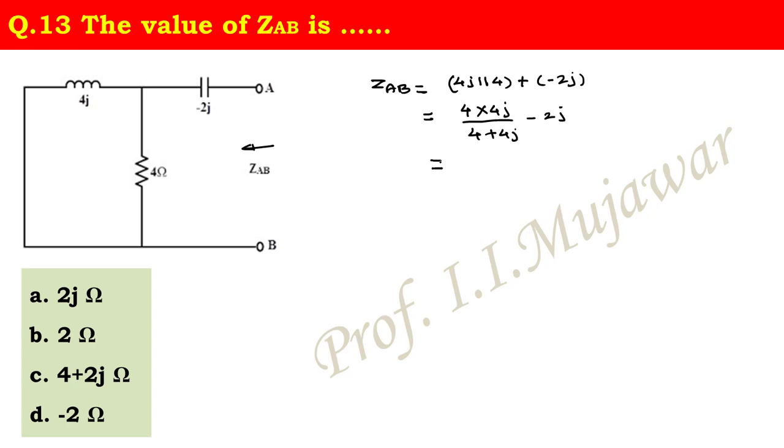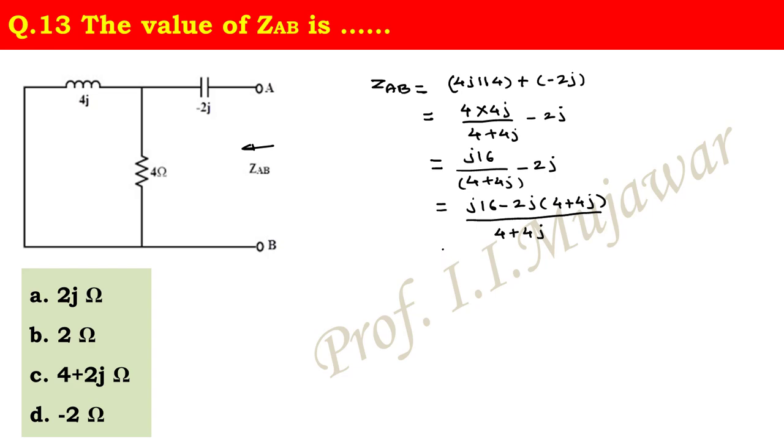So 4 into 4J is J16 divided by 4 plus 4J, minus 2J. Now if I take the LCM, I will multiply this minus 2J with this bracket. So you have J16 minus 2J into (4 plus 4J) divided by 4 plus 4J.